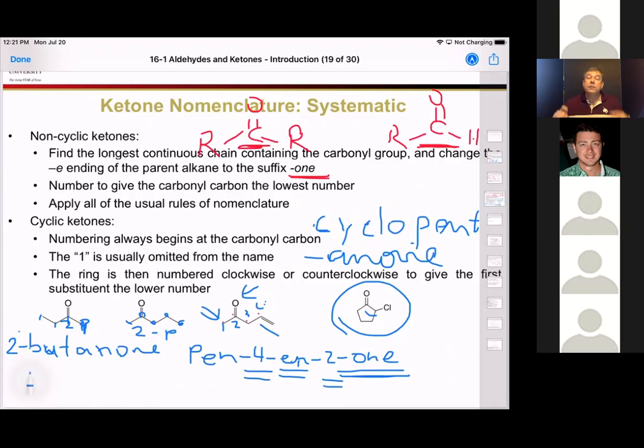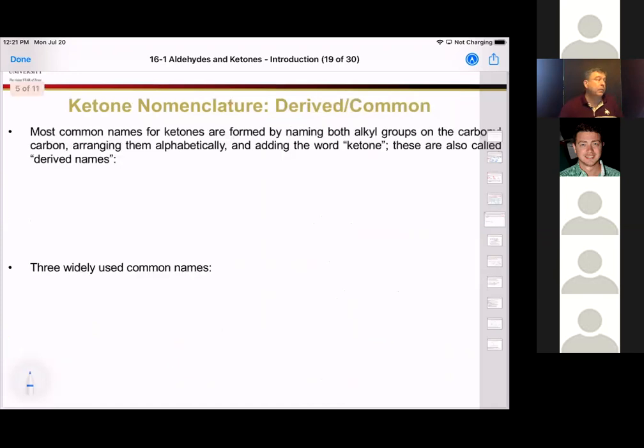Okay, now, just like in aldehydes where we have common names for them, we now also have common names for ketones. And these are ones you'll probably want to know because they are pretty commonly used. So the first way we talk about naming ketones in common ways is to take the carbonyl group and figure out which alkyl group is on either side.